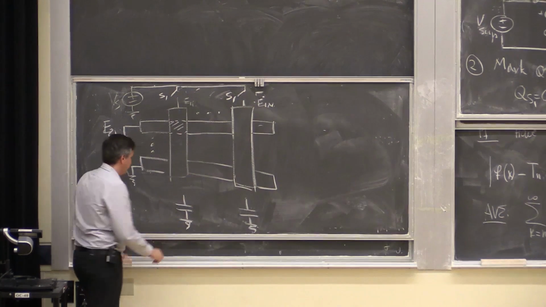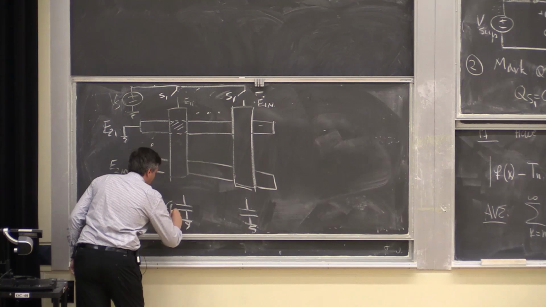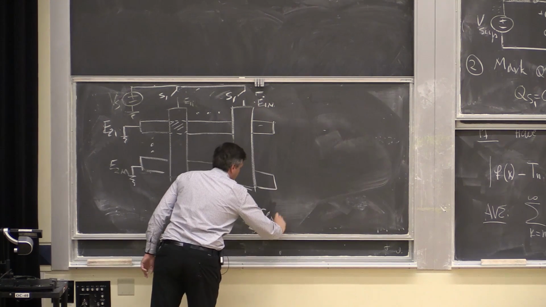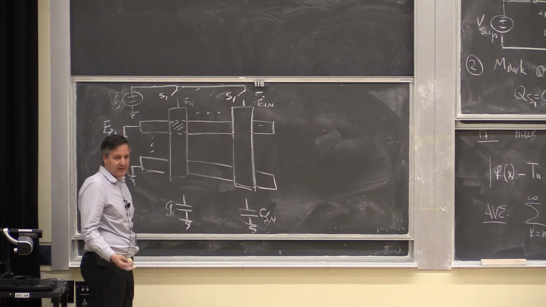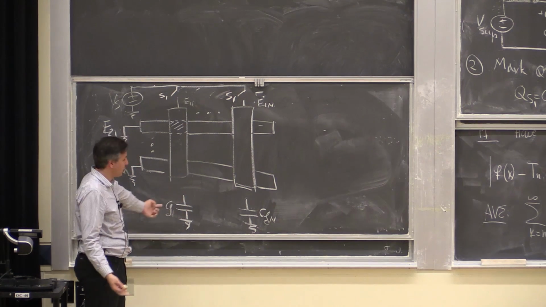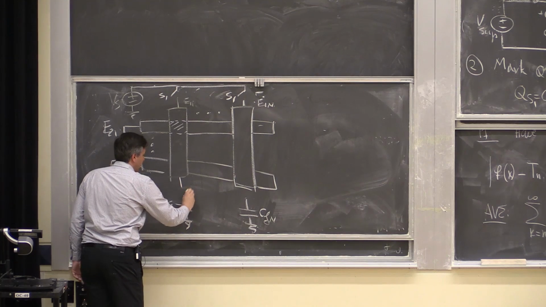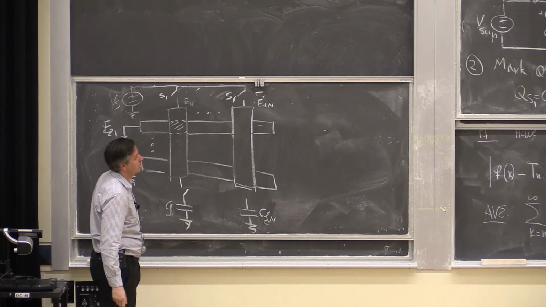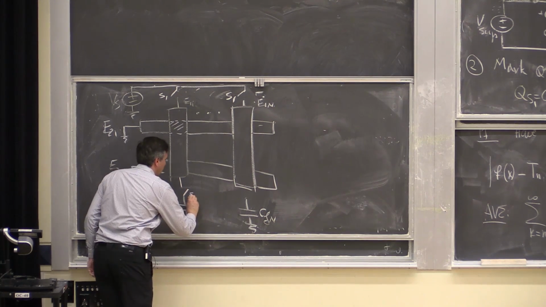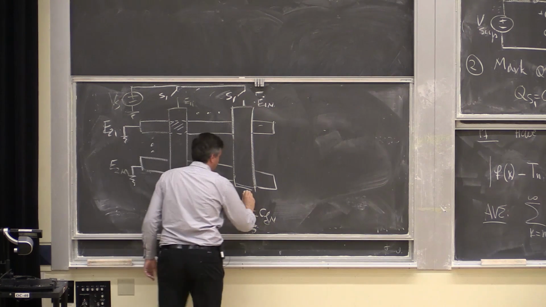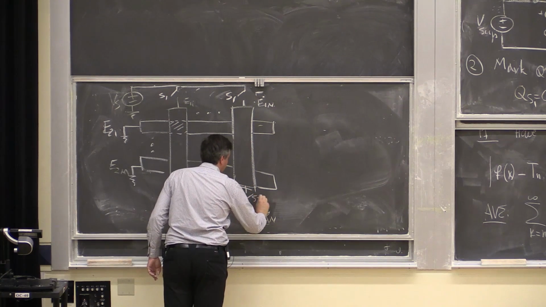So this is CF1, this is CFN. We have a fixed capacitor or readout capacitor for each column. Okay? And now I have a switch here. That is my S2. So I'm going to say S21 through S2N.